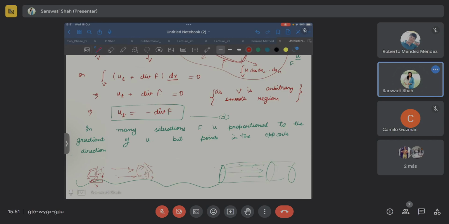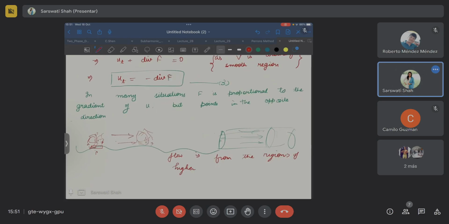The flow is from the regions of higher concentration to the lower concentration. So because of that, when we write that f is proportional to the gradient of u, it points in the opposite direction.